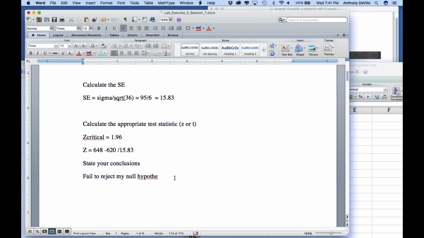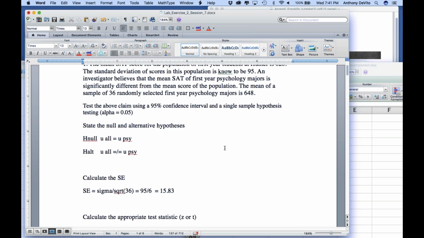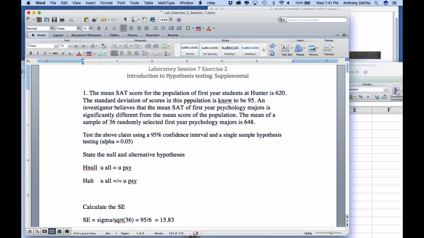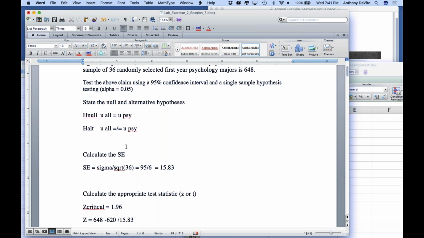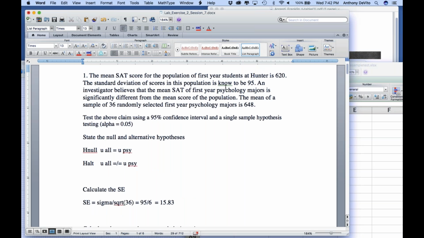There's a little bit of a lag, so it takes a little while for me to get your responses. Then you asked why Z. The reason we use Z instead of T is because we knew the standard deviation of the population is known to be 95, and that's what I used. Since I know sigma, I can go ahead and use the Z-score.